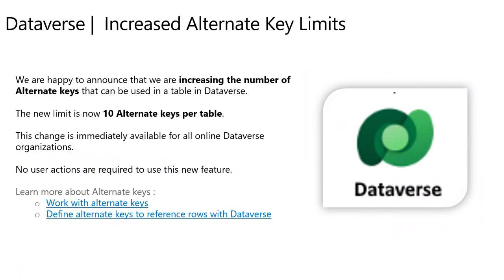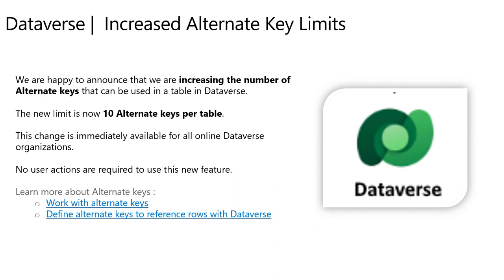Another update on the Dataverse side: increased alternate key limits. We've increased the number of alternate keys that can be used in a table in Dataverse. Alternate keys were previously known as entity keys, and you can use these as a lookup to locate records. It's basically a way to give another unique key or column to a table to make records easier to look up and provide better performance.